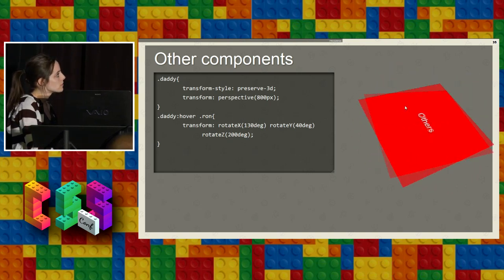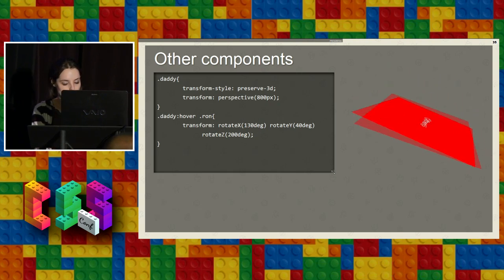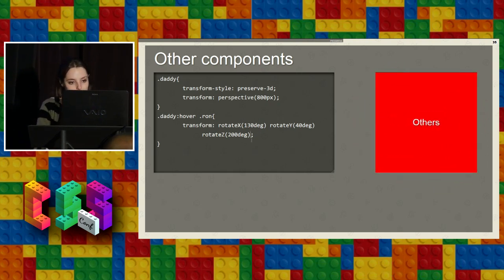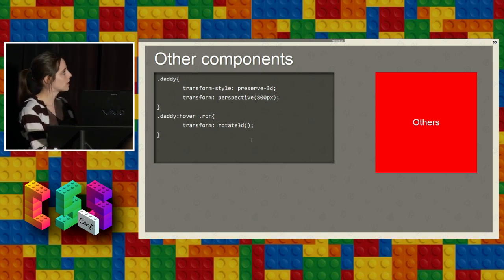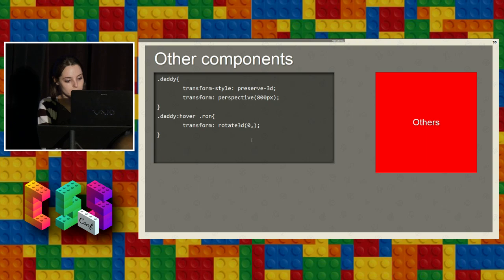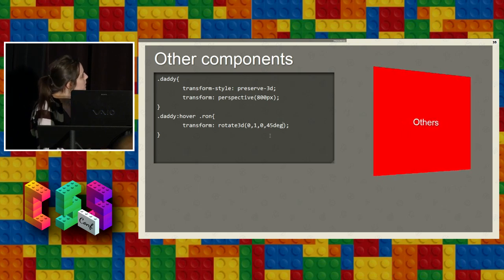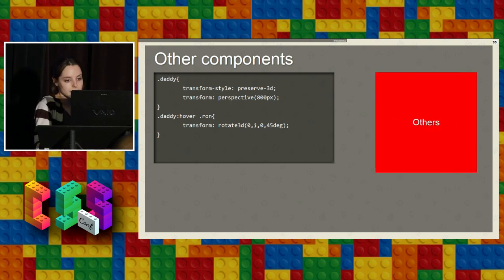This is one way of doing it, but there's actually a shorter one, and that's rotate3d, which is a little special. We can put something like this: 0, 1, 0, and a degree, like 45. So when we do this, what we see is that we are activating the Y axis.